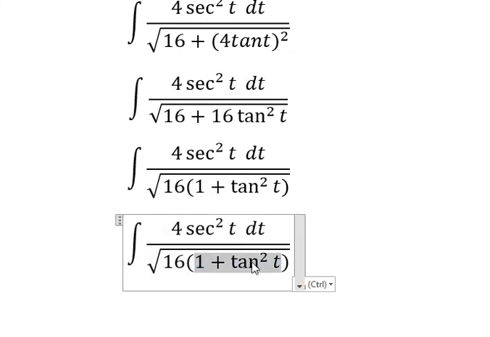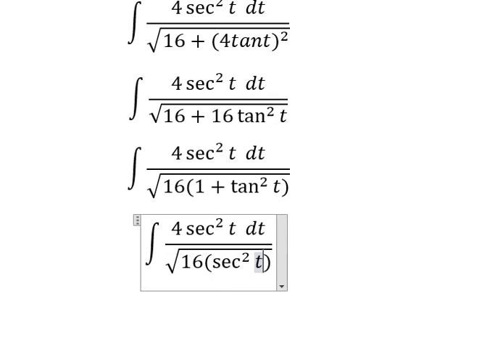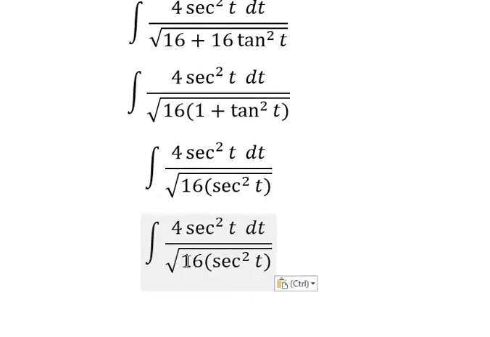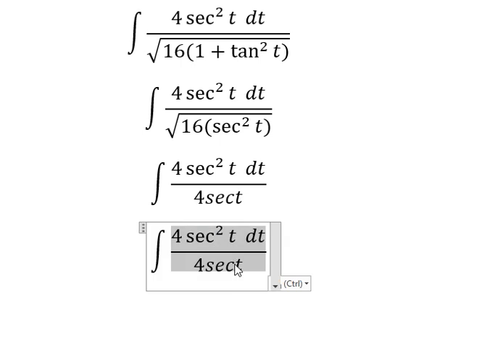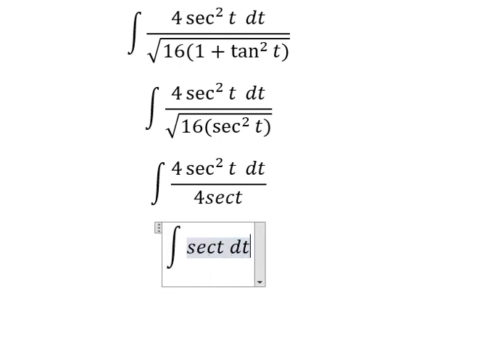This one we change for secant of t squared. The square root of this one we have 4 secant of t. Now we simplify and we have secant of t dt.